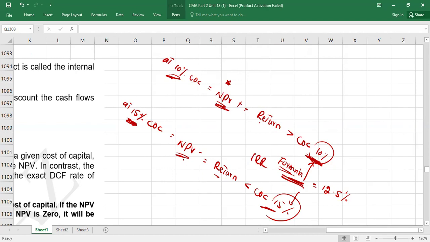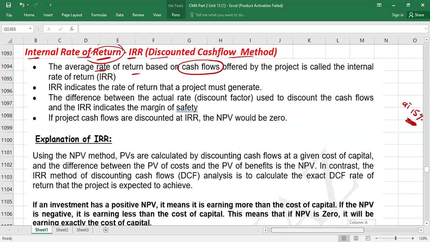And at 15% NPV was negative, it means our return is less than 15%. So then what is the return? Return is in between 10 and 15, and that point is called IRR. So let's assume that point is 12.5%. As I told you, this point we will find through the formula. So let's assume this is 12.5%. Now, this is how IRR is also explained.